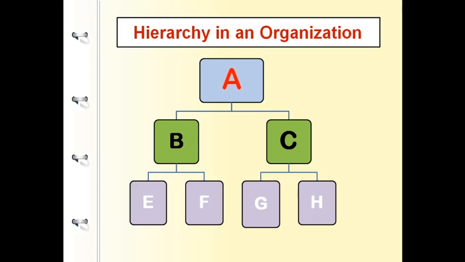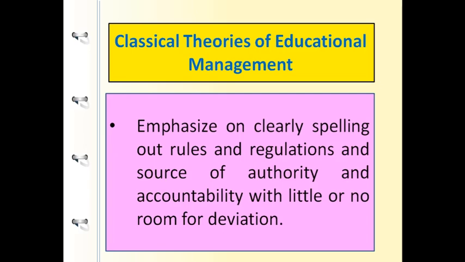In a school, hierarchy begins with the principal, then the teaching staff, office staff, canteen workers, etc. In classical theories, the emphasis is on clearly spelling out rules and regulations and source of authority and accountability with little or no room for deviation.